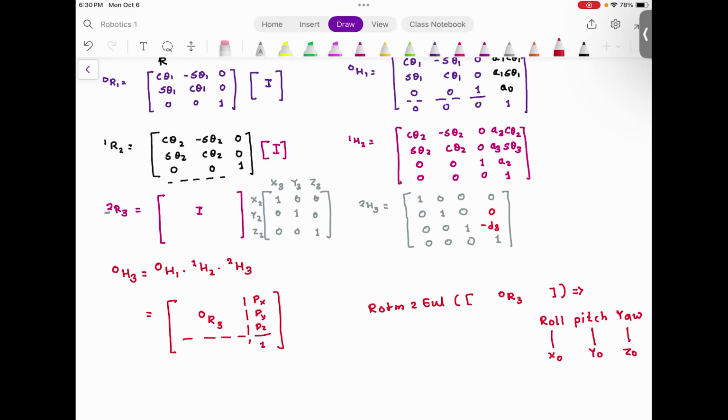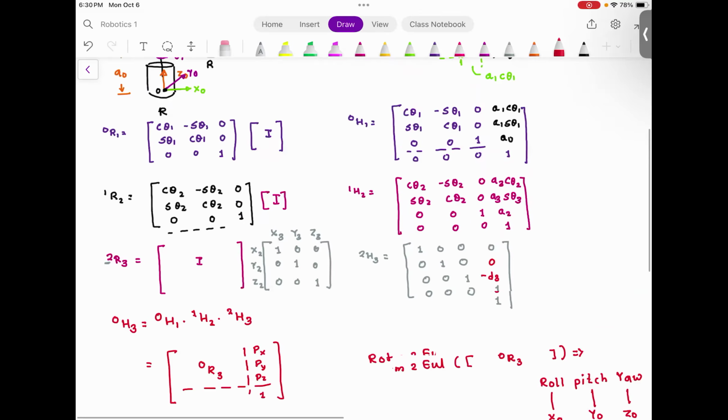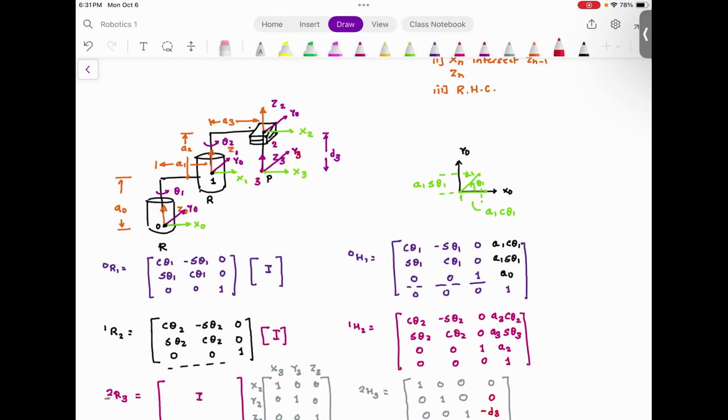Now, many a times I want you to realize that you want to have an intuition for the answer that you are getting. What do I mean by that? This will actually help you a lot.